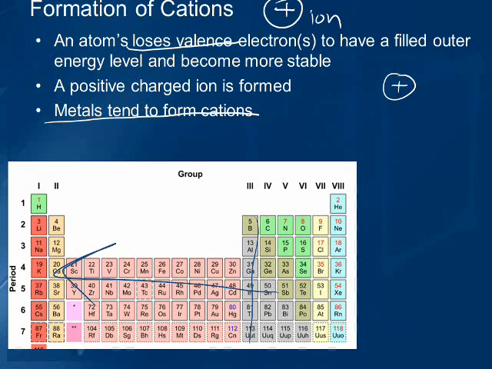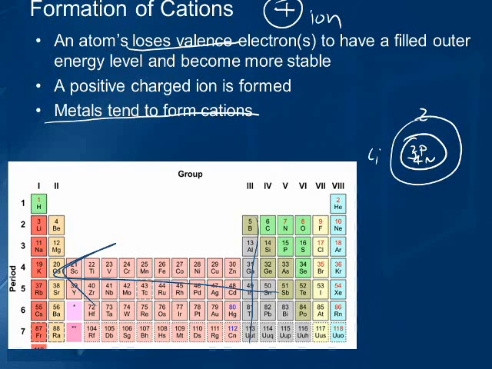Now cations, they'll lose an electron because they want to get their outside energy level filled. So if we look at an atom here, such as lithium, lithium has three protons, 4 neutrons, 2 electrons, and then it has 1 electron. They want 8. So this one says, well, my gosh, I have to get 7 more to be like neon.